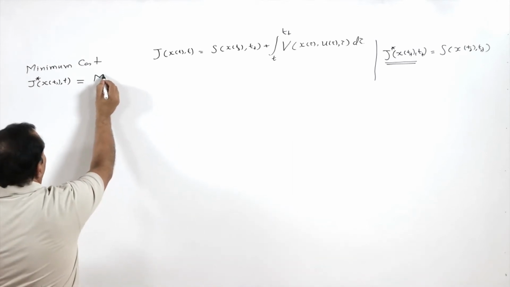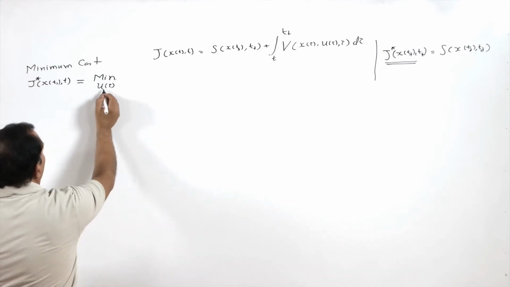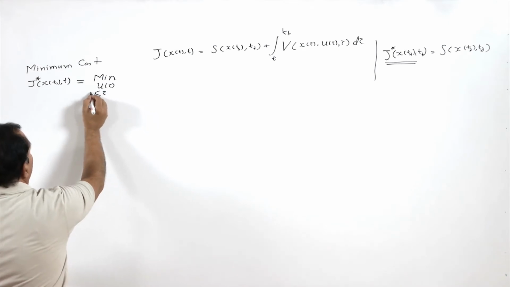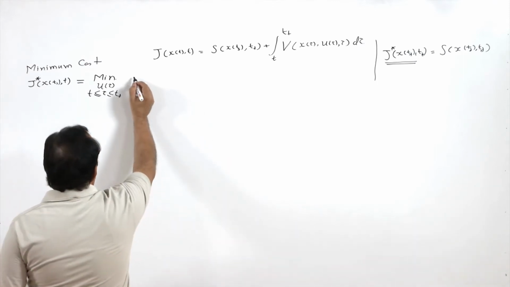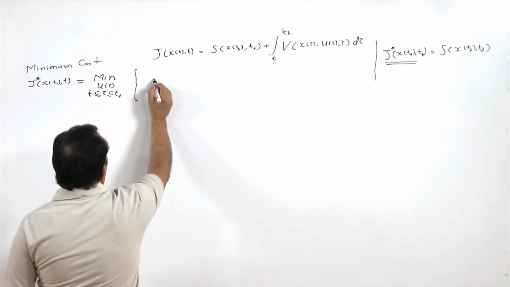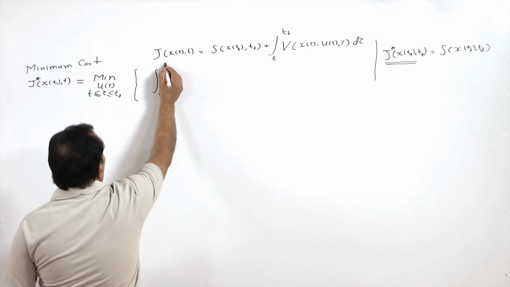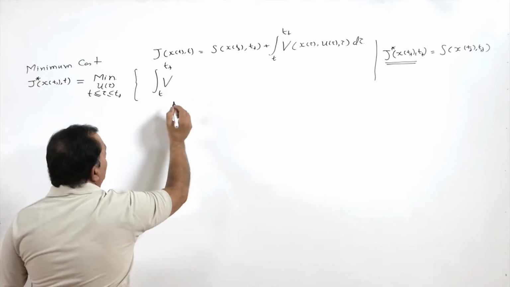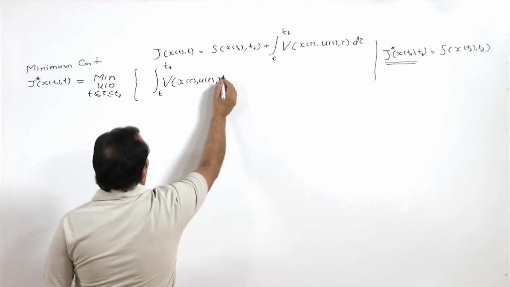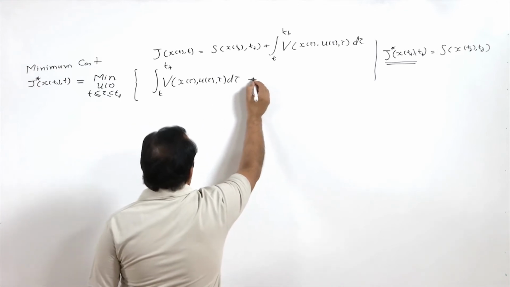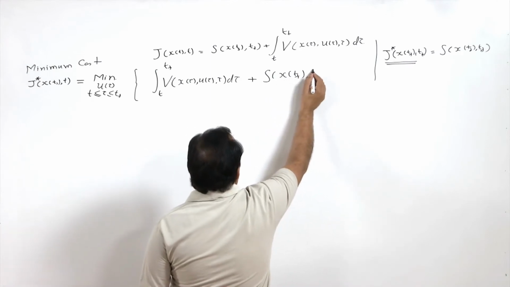This I can write as: I have to minimize over u tau, where tau is varying between t to t f, the integral from t to t f of V of x tau, u tau d tau plus S of x of t f, t f.